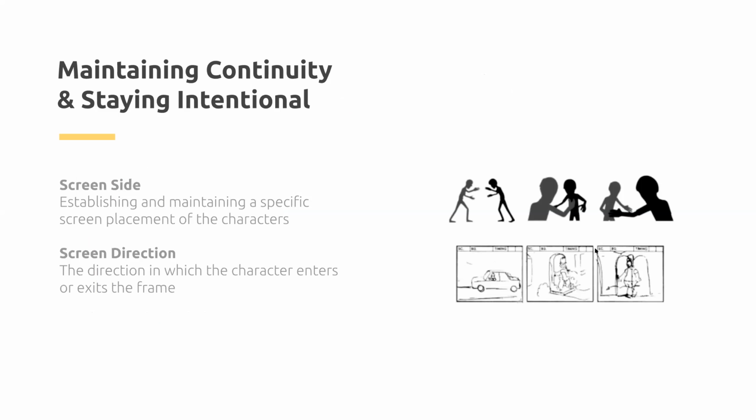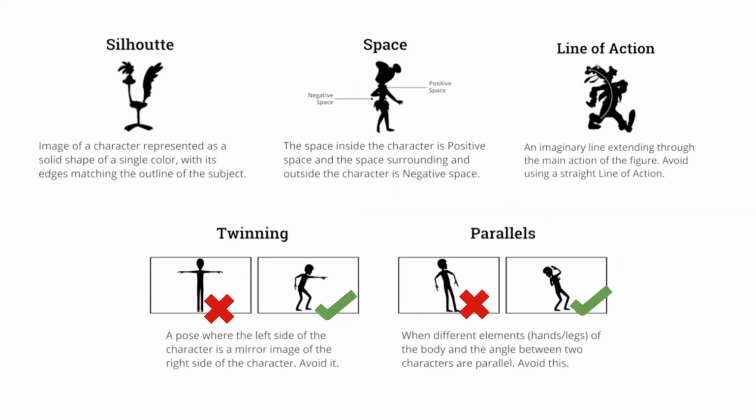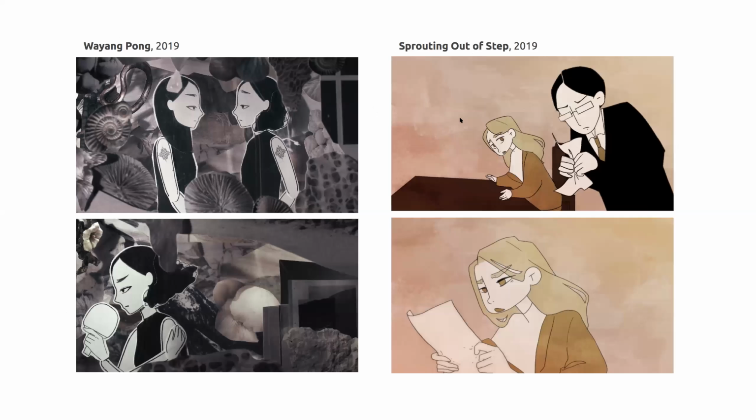Can I ask a question? Yeah. One, you use negative and positive space. I don't understand them. I'm sorry. No worries. I'll bring it back up here. Negative space is the empty space around a form, and positive space is the space within that's sort of filled. As an example, in one of my shots in Sprouting Out of Step, all that pink background space where there's nothing going on, that's the negative space.